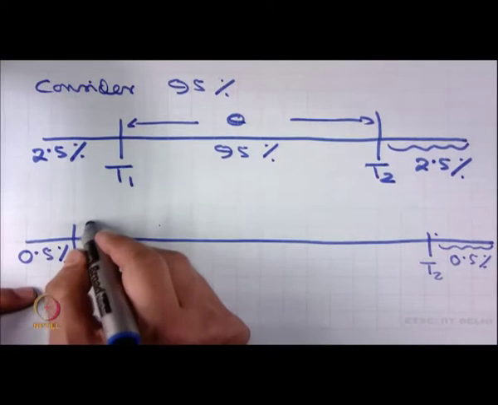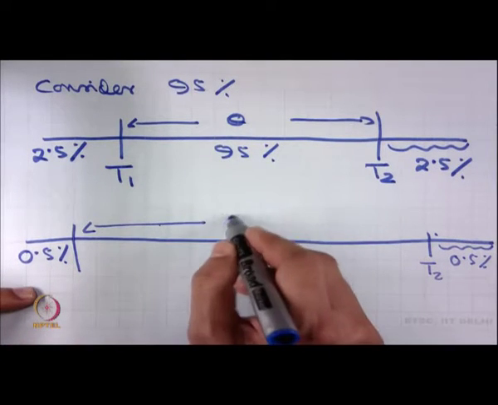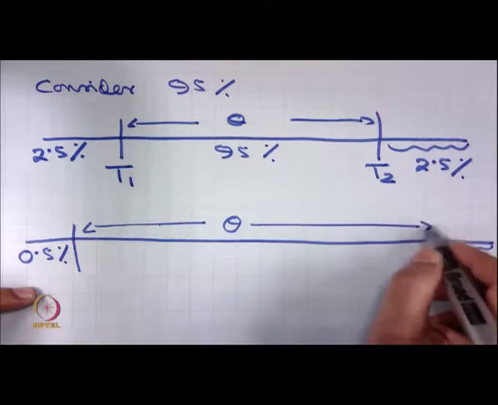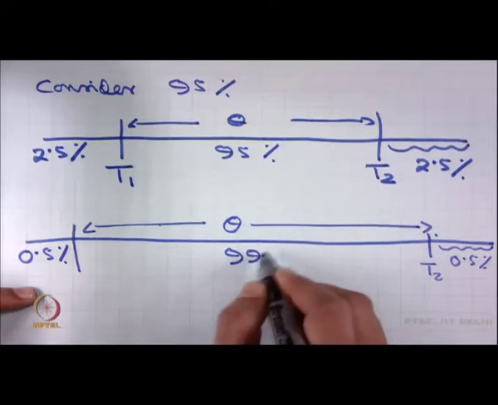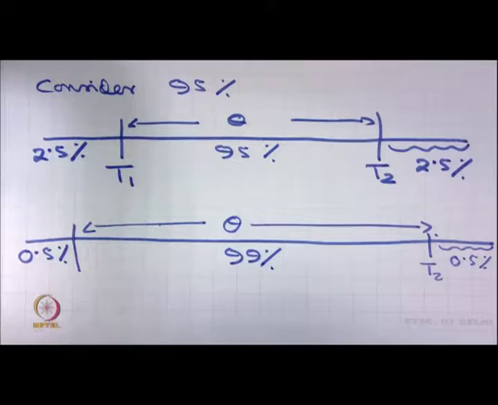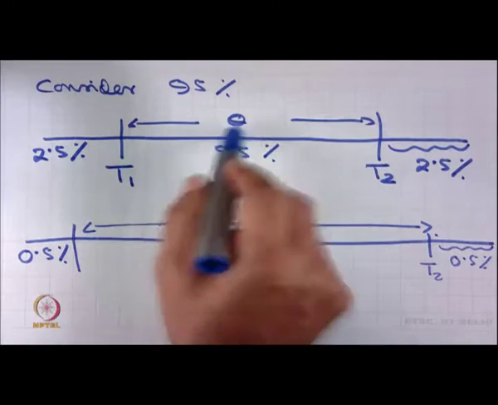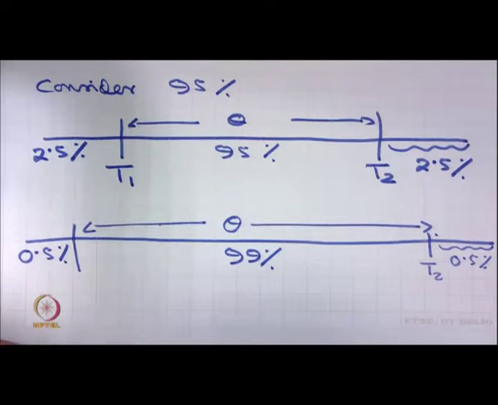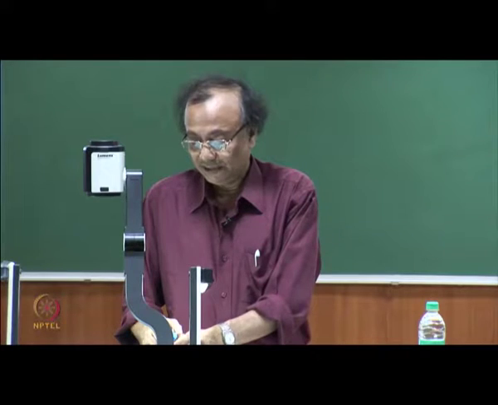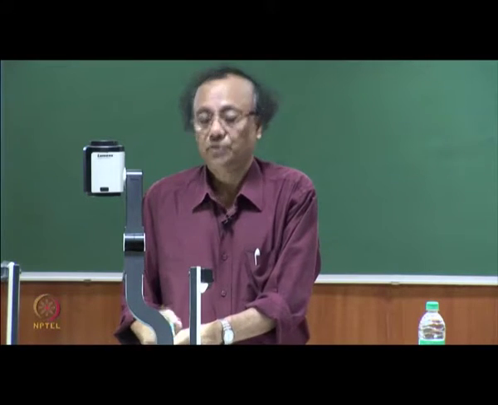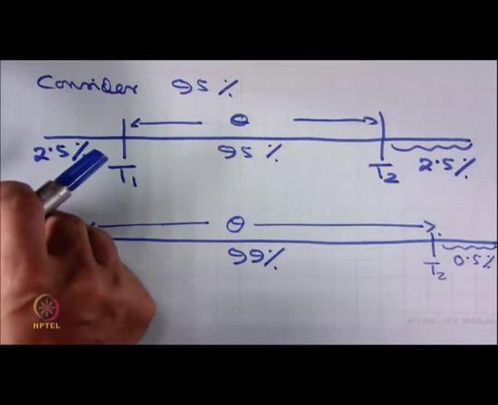Therefore, that theta will occur in this interval has the chance 99%. So, these are the confidence intervals that we try to obtain for the parameter theta with the help of the sample x1, x2, ..., xn.